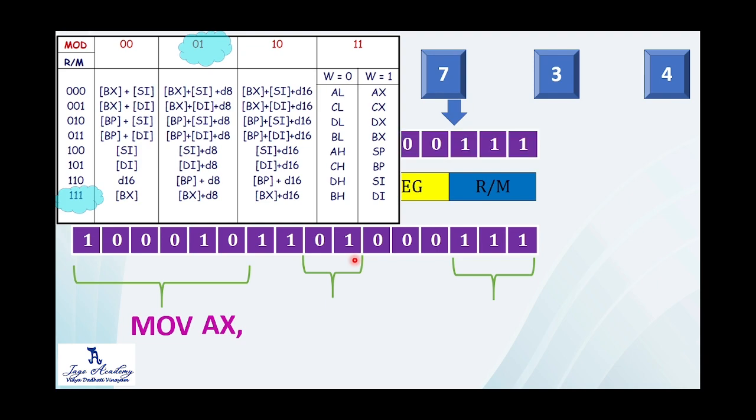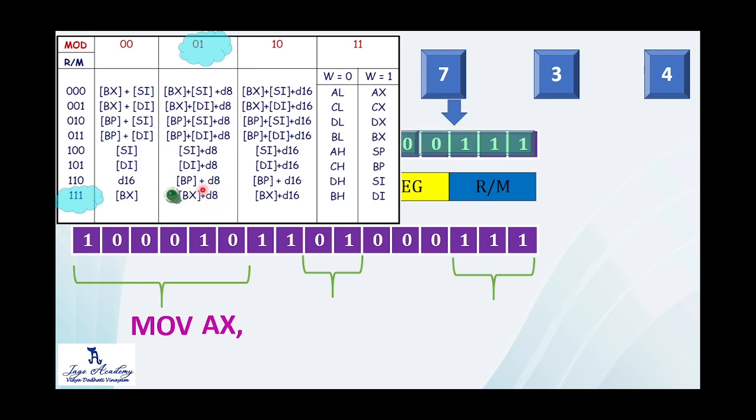Where 01 mode bit and 111 register by memory bit exist, which is your BX plus D8. That means it is register relative, right?